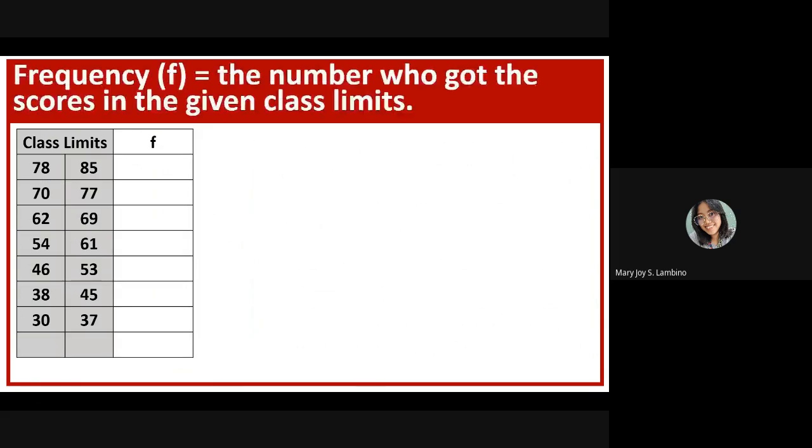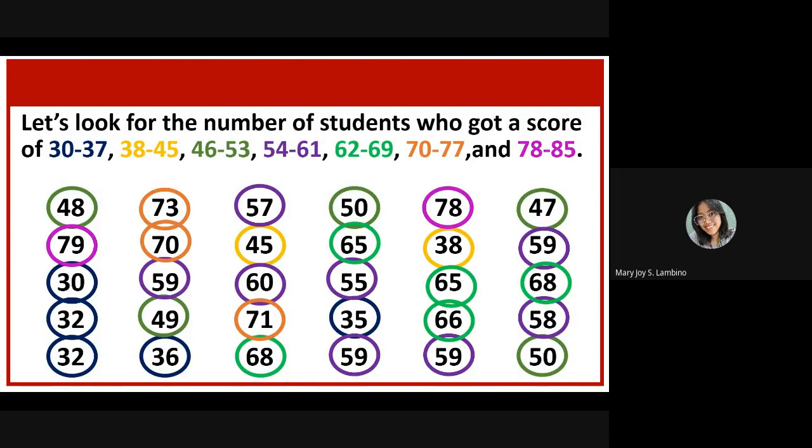Let's have our frequency. Frequency is represented by letter f, the number who got the scores in the given class limits. Let's look for the number of students who got a score of 30 to 37, 38 to 45, 46 to 53, 54 to 61, 62 to 69, 70 to 77, and 78 to 85.